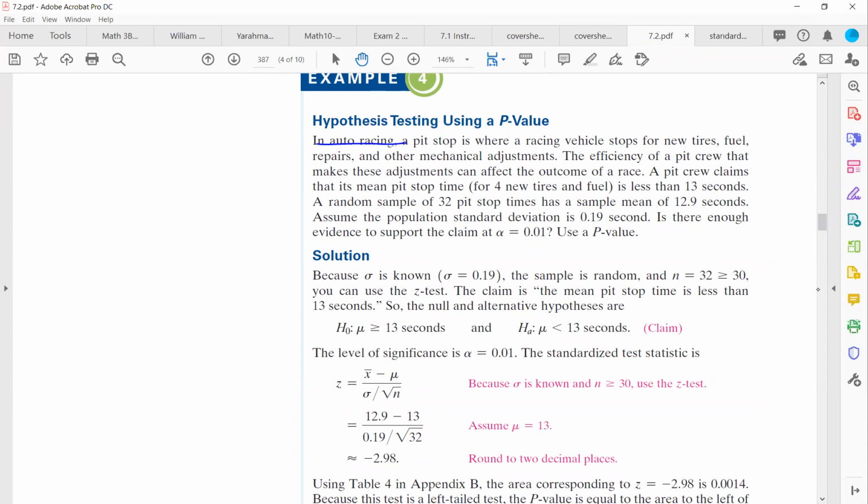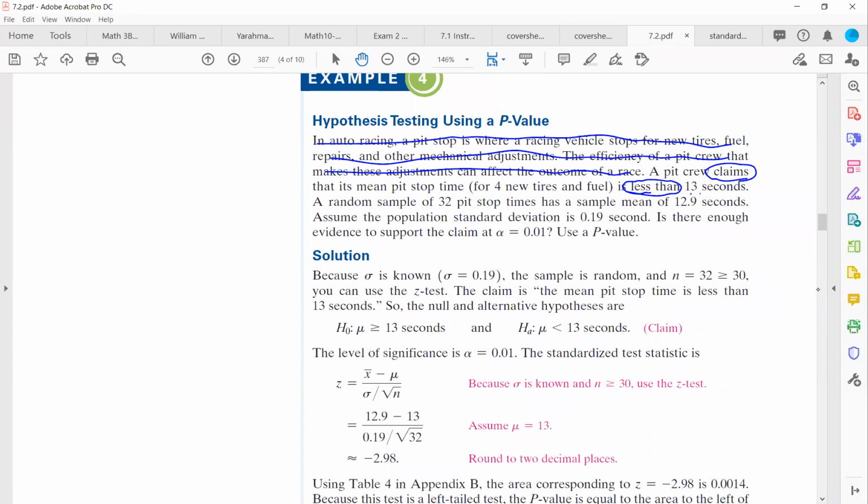Okay, so these are not necessary. A pit crew claims, okay, we found a keyword, claims, that its mean pit stop time for 4 new tires and fuel is less than, another keyword, less than 13 seconds.